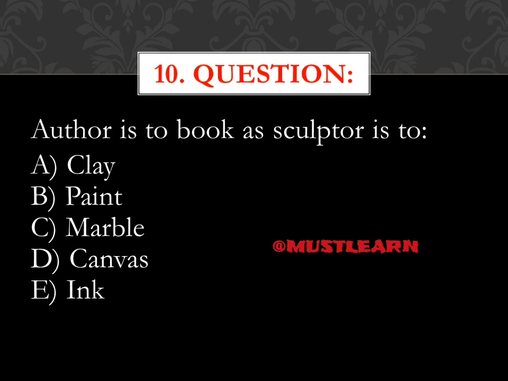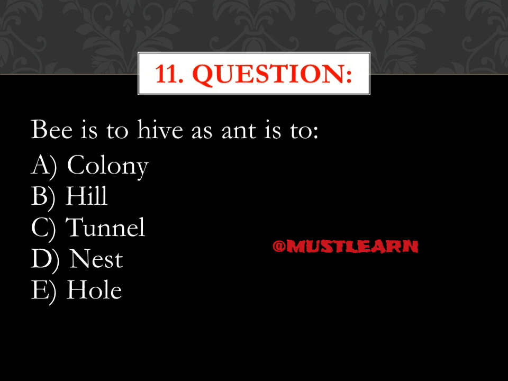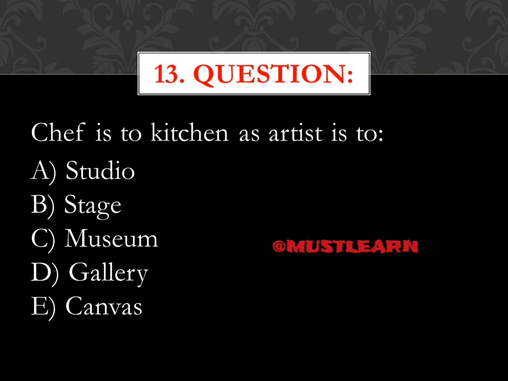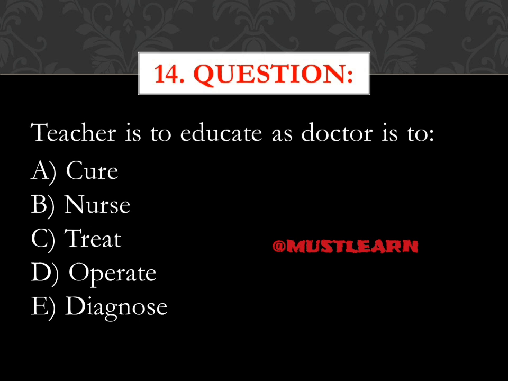Author is to book as sculpture is to marble option C. Bee is to hive as ant is to bee option B, hill. Clock is to time as thermometer is to option A, temperature. Chef is to kitchen as artist is to studio option A.